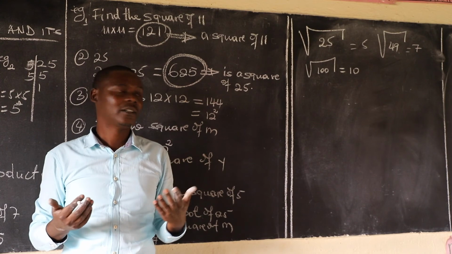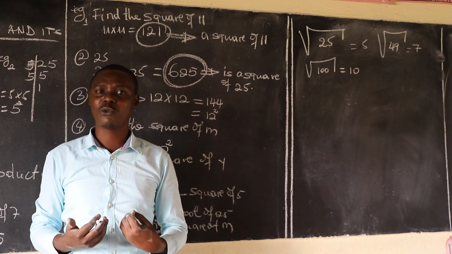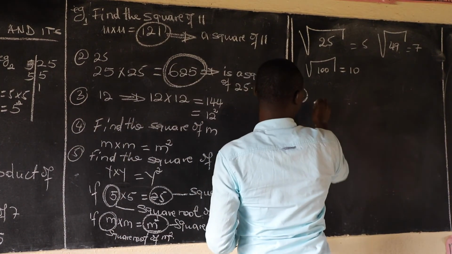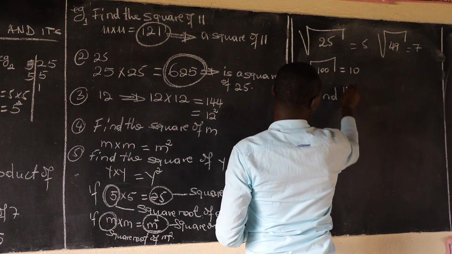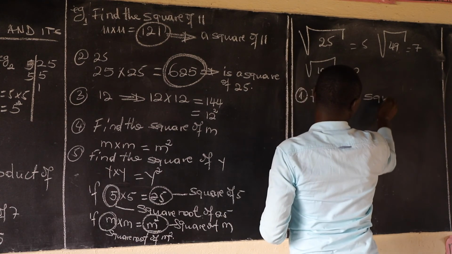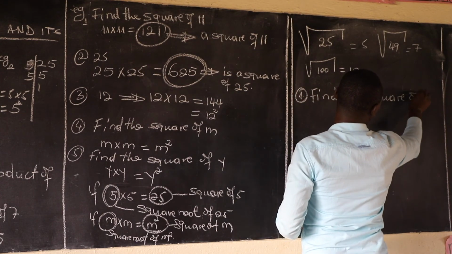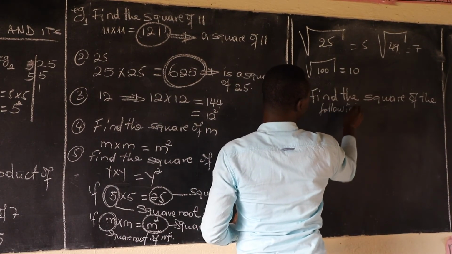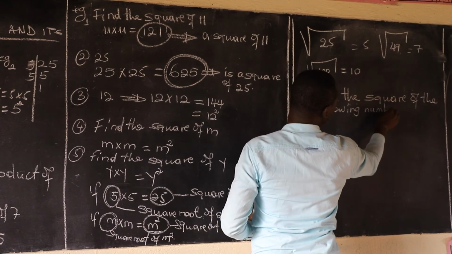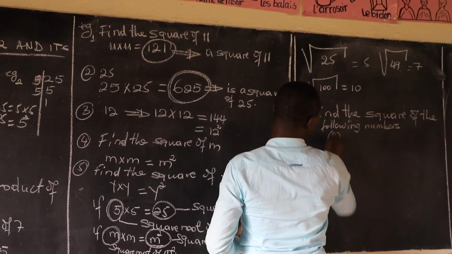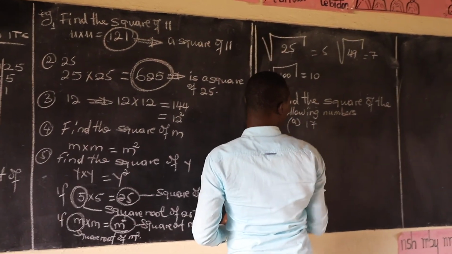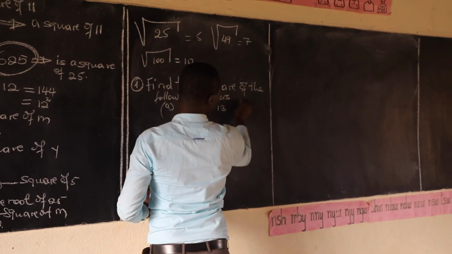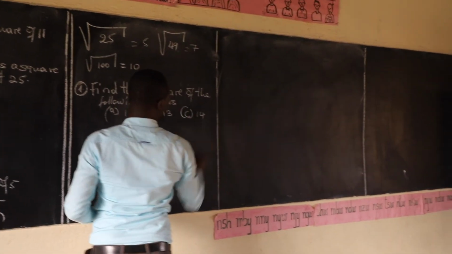Let me leave you 5 numbers to try on your own, but mentally. Number 1, find the square of the following numbers: A, 17; B, 13; C, 14.